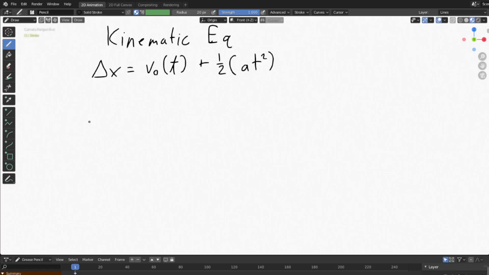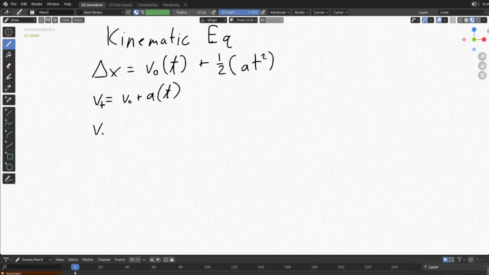This is a very important one. The next one that I remember is v, which is just going to be v of any given time. So I'm going to say v of t actually. That's really smart. V of t equals v naught plus a times t.